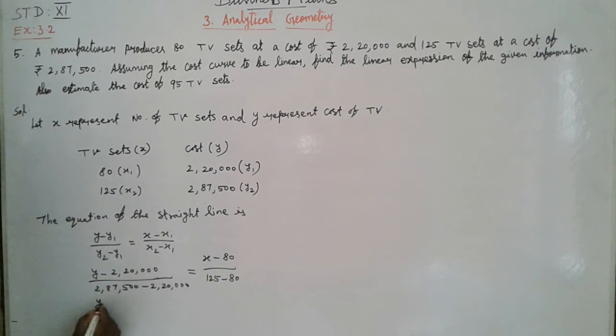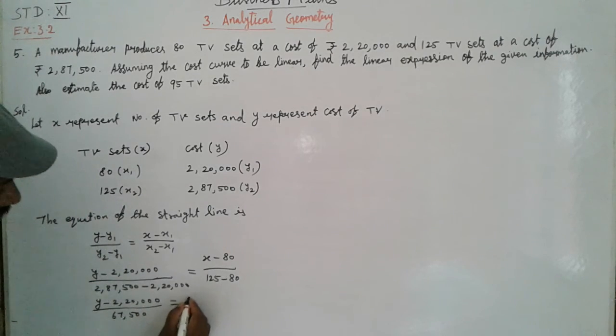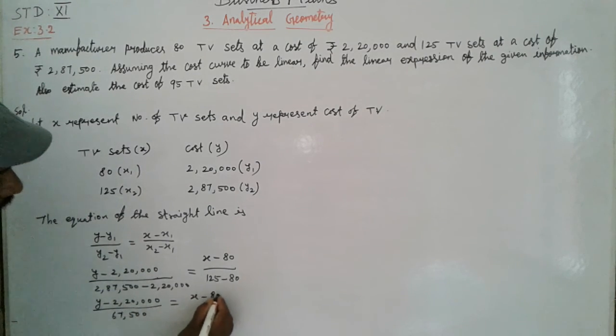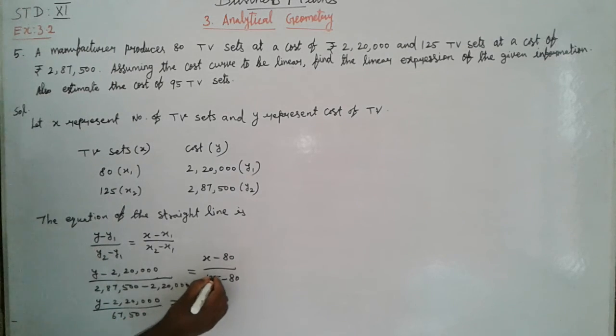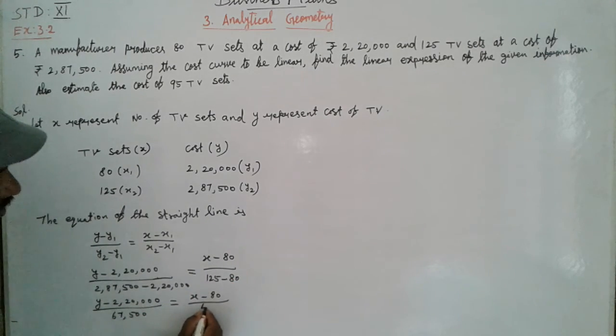So y minus 2,20,000 divided by, on subtracting, 67,500, equals x minus 80 divided by 125 minus 80, which is 45.